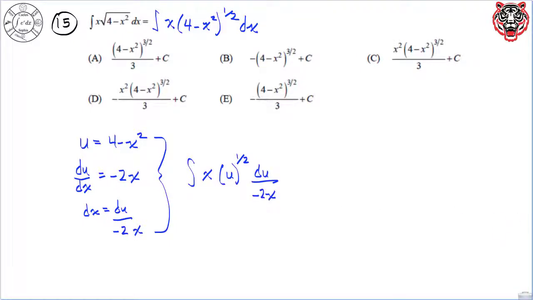And notice here that we have x's on the top and bottom. Otherwise, we would be in multivariable calculus, which we are not. So this is really a negative 1/2. So let's go ahead and take the antiderivative here. When I take the antiderivative, u to the power of 1/2, I'm going to go up a power. 1/2 plus 1 is 3/2, so this is u to the power of 3/2. I still have that negative 1/2. And I'm going to divide down with the 3/2 too.